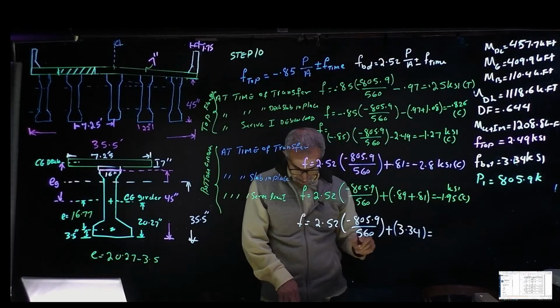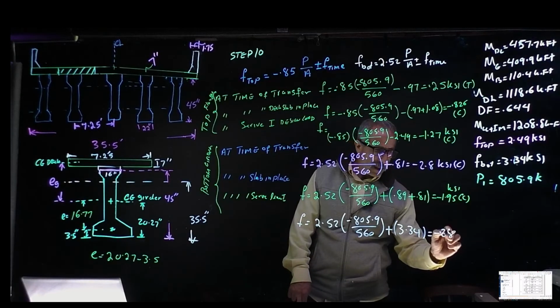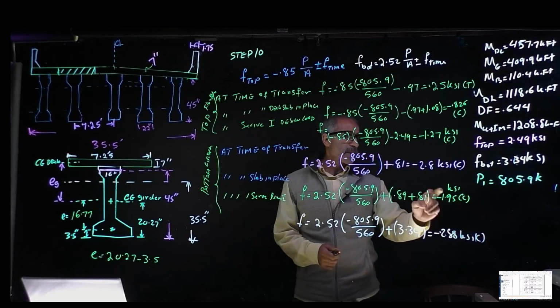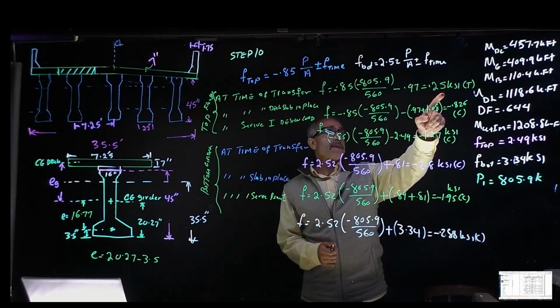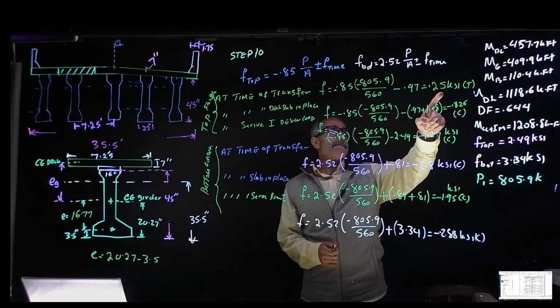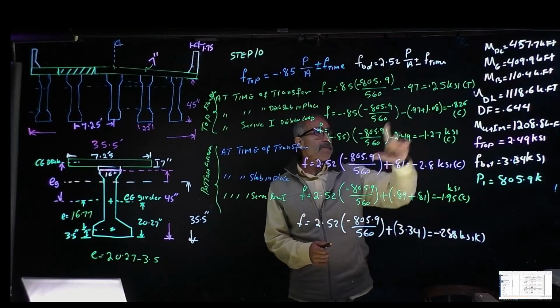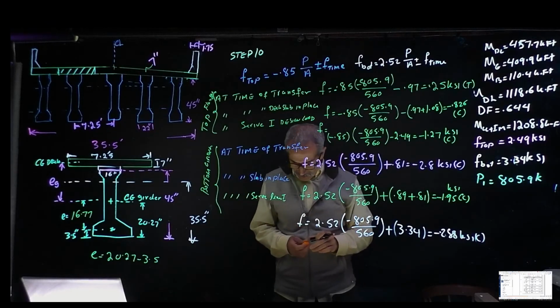And that's a minus 0.288 KSI in compression. Now you look, this is compression, compression, compression, compression, compression. The only time we have a tension is up here. So we're going to check the tension for these; the maximum compression is going to be checked. Those two are going to be checked differently, like we talked about in the slides.